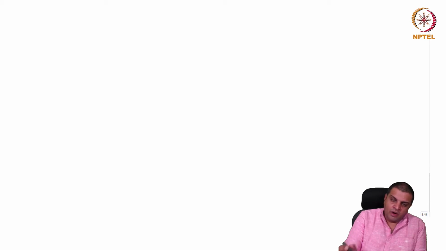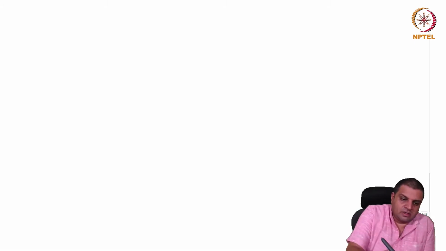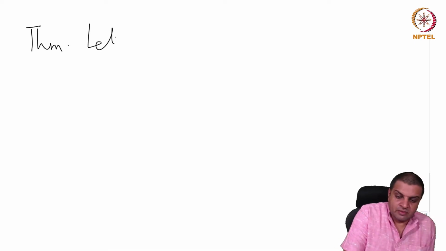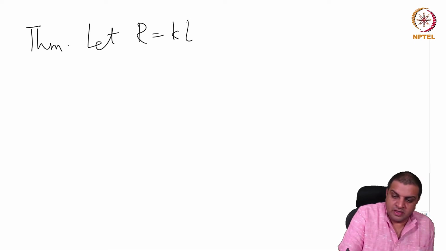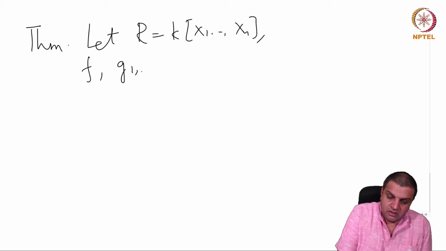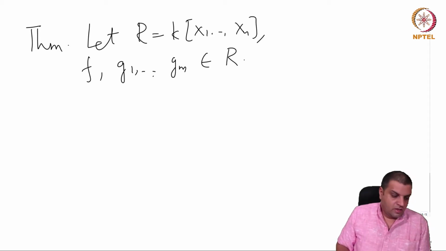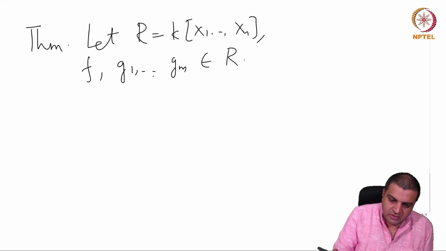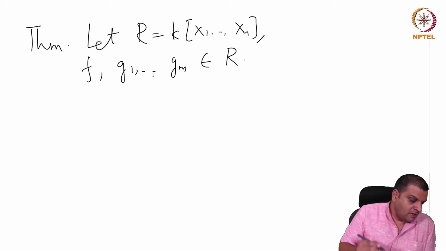We have already used one version of it in multivariables, where we have one new variable and a monic polynomial. So that's not exactly the generalization that we are looking for. So here's a theorem that we will prove now. Let R be a polynomial ring in finitely many variables, and let f and g1 through gm be inside R. We want to divide f by the whole family, not just by a single polynomial.